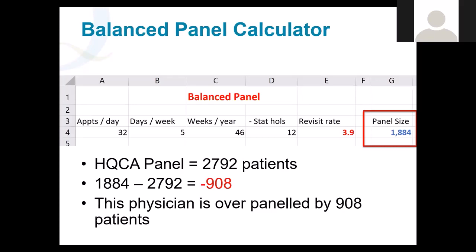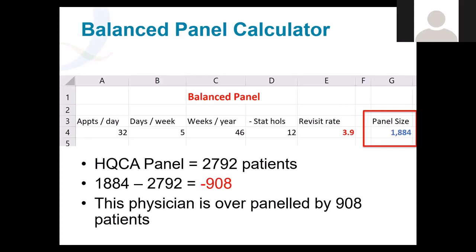But if you remember in the report, it said that this physician had 2,792 patients paneled to him, and therefore we have a mismatch. And so this physician is overpaneled by about 908 patients.